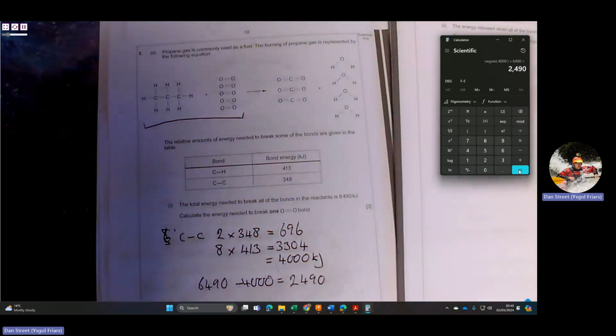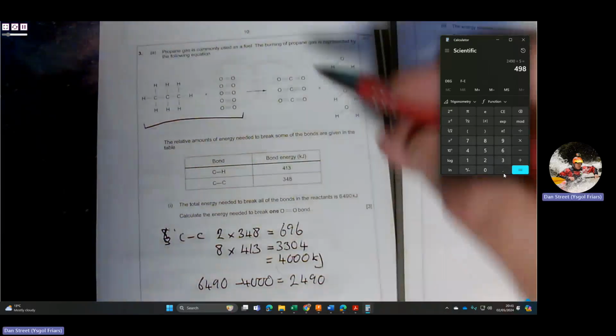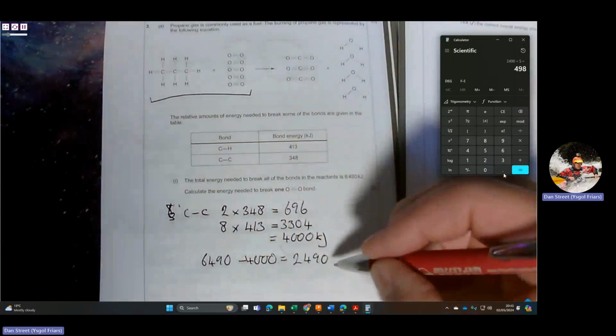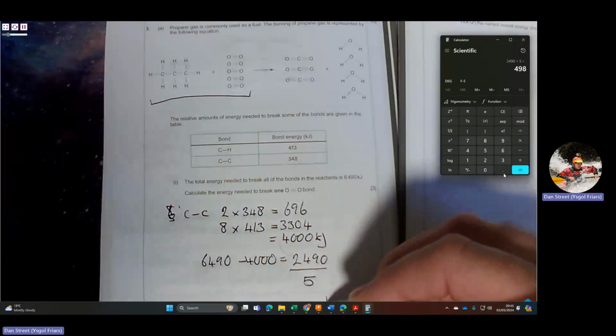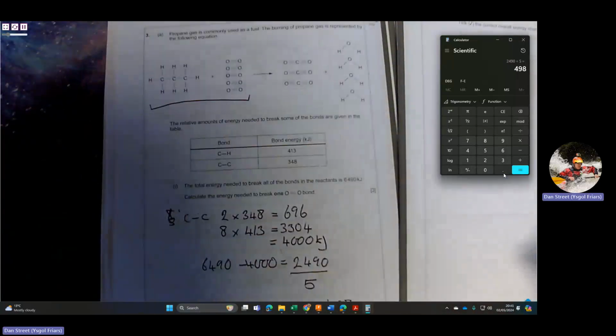But that's the energy required to break up 5 oxygen bonds. So we need to divide that value by 5, because there are 5 bonds here. If you divide that by 5, it gives us 498. Okay, so that's the energy required there.